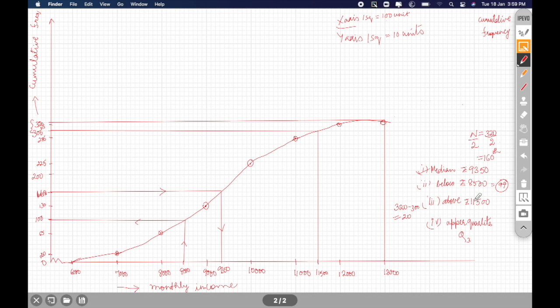That is, senior employees who get above 11,500, they are 20 in number.